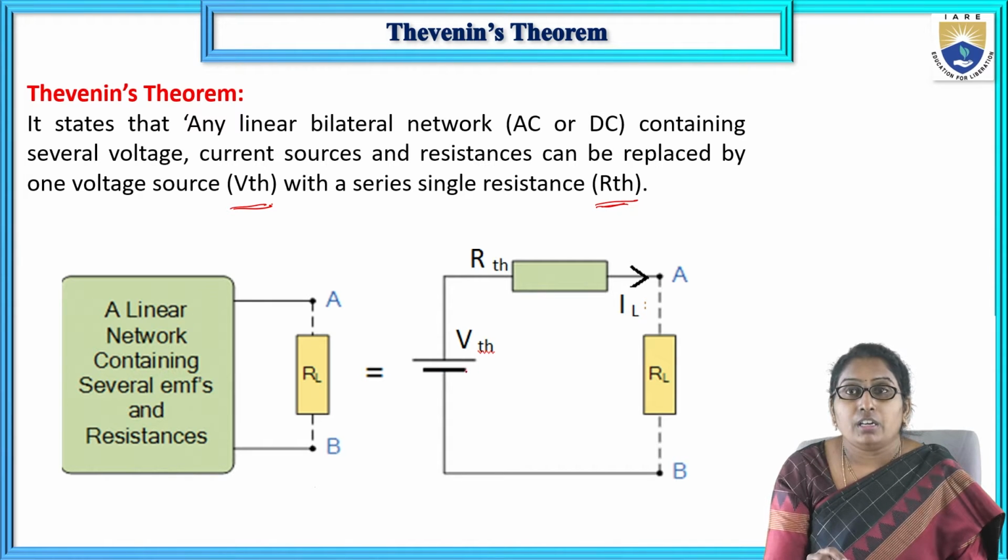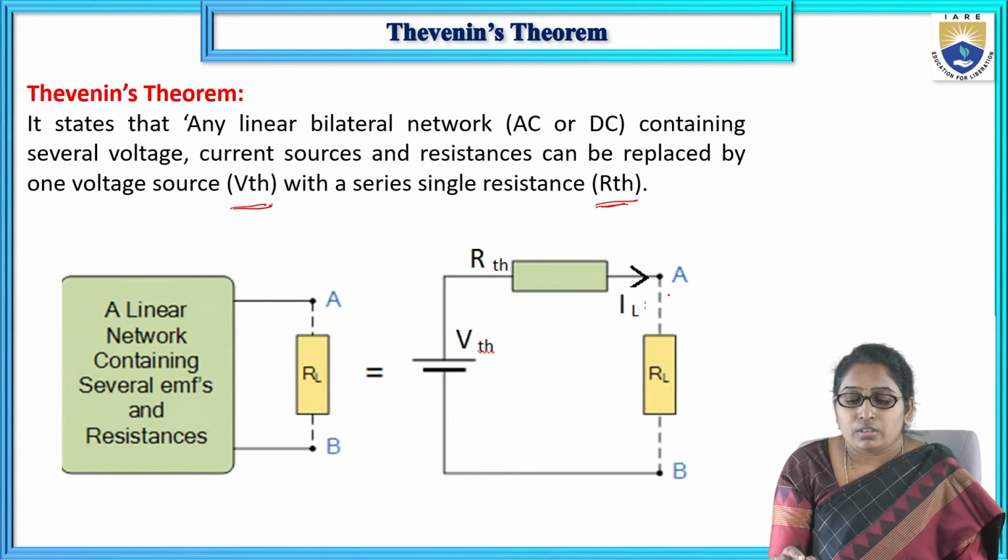Here you can see that this linear network containing several EMFs and resistances is replaced by a voltage source VTH and a single series resistance RTH.